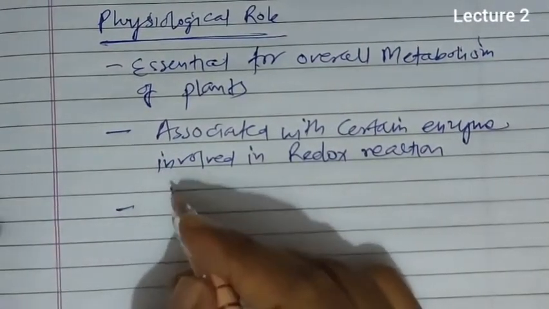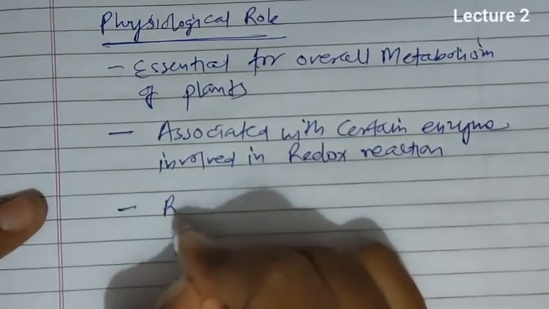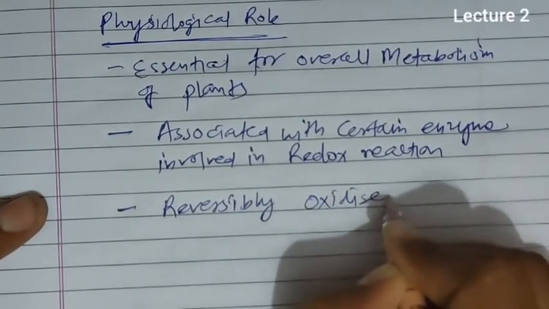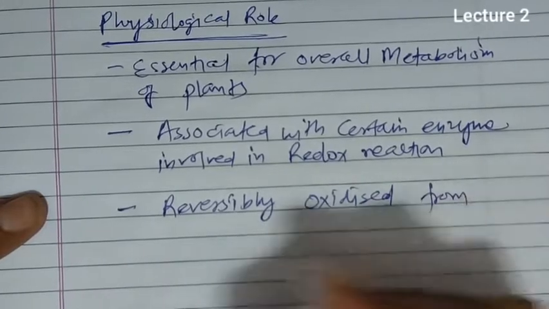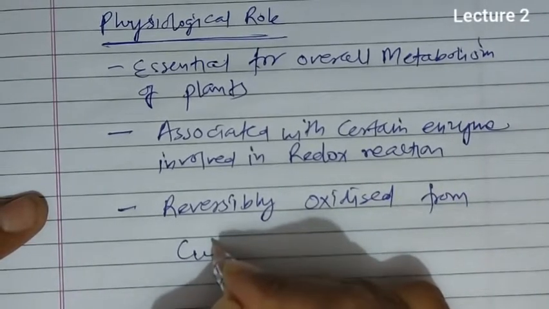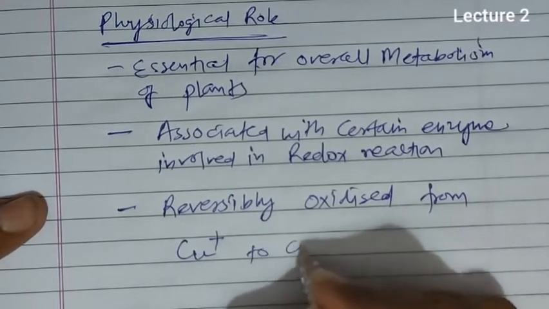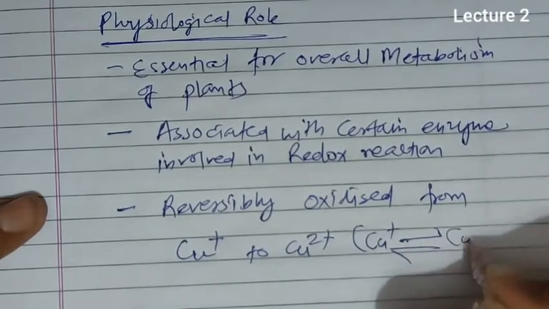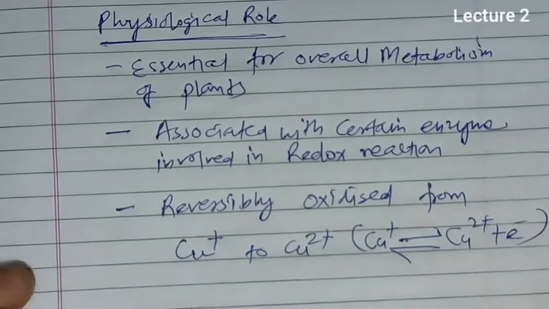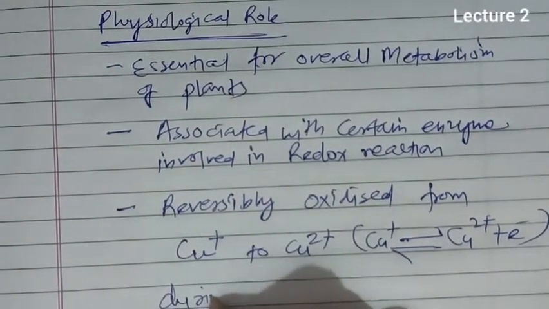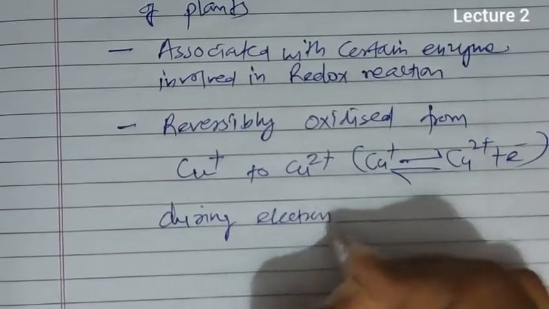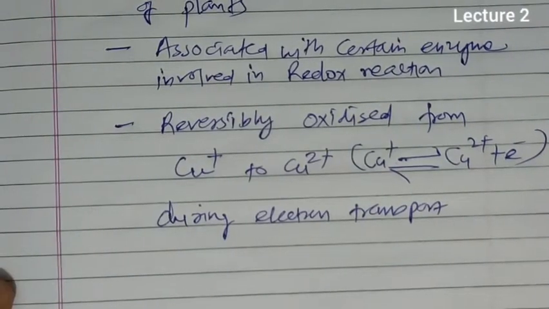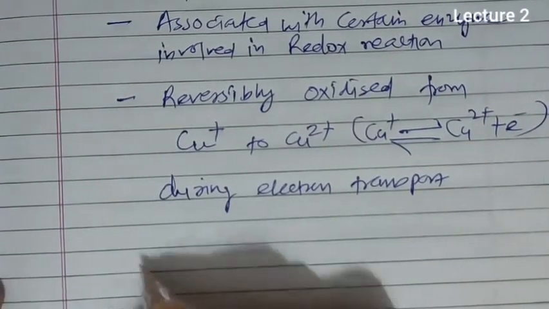Next, it also reversibly oxidizes from Cu plus to Cu2 plus, that is Cu plus reversibly oxidized into Cu2 plus plus electron during electron transport. Hence, it is essential for photosynthesis and respiration both.